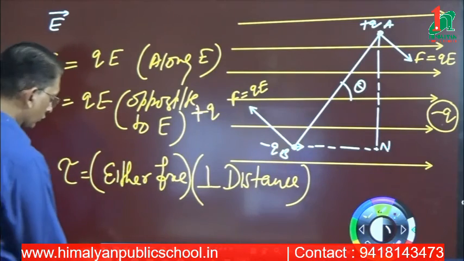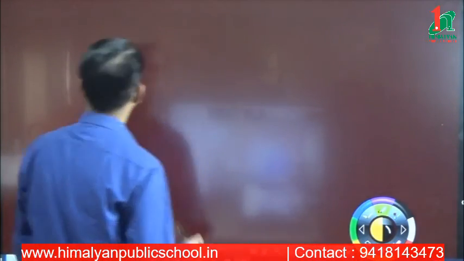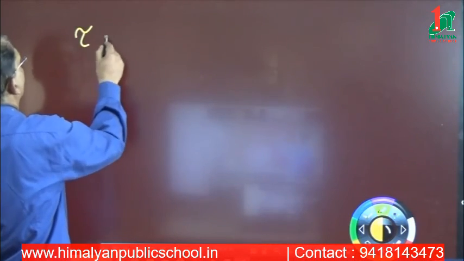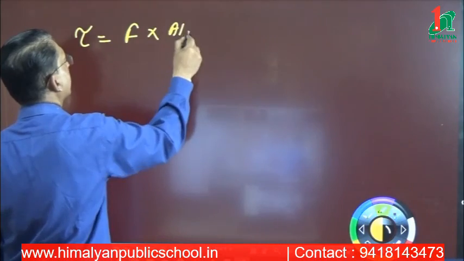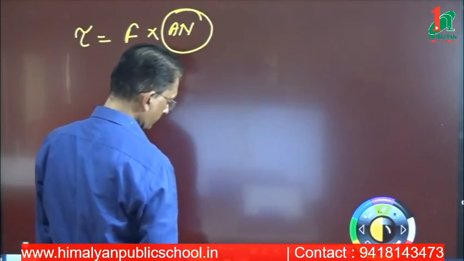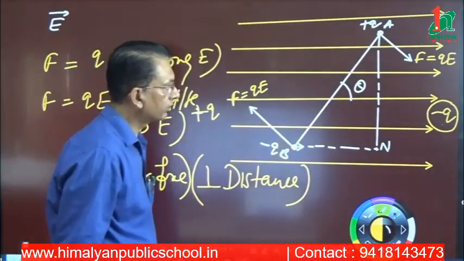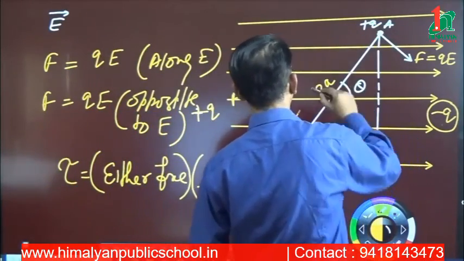So torque is force into AN. Now we have to find AN. We have this length, that is 2A, the length of the dipole.